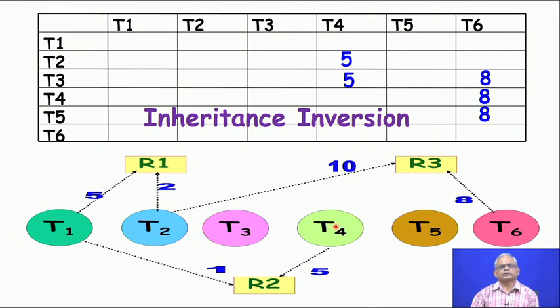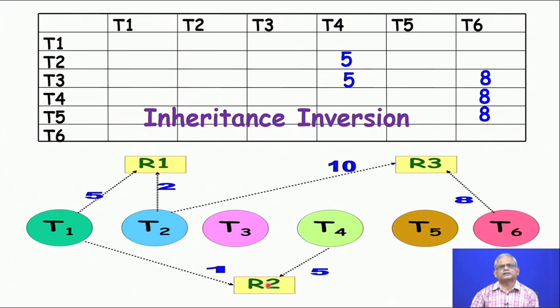Now, let us look at the resource R2 here, and T4 is using the resource, and then T1 is waiting for the resource.